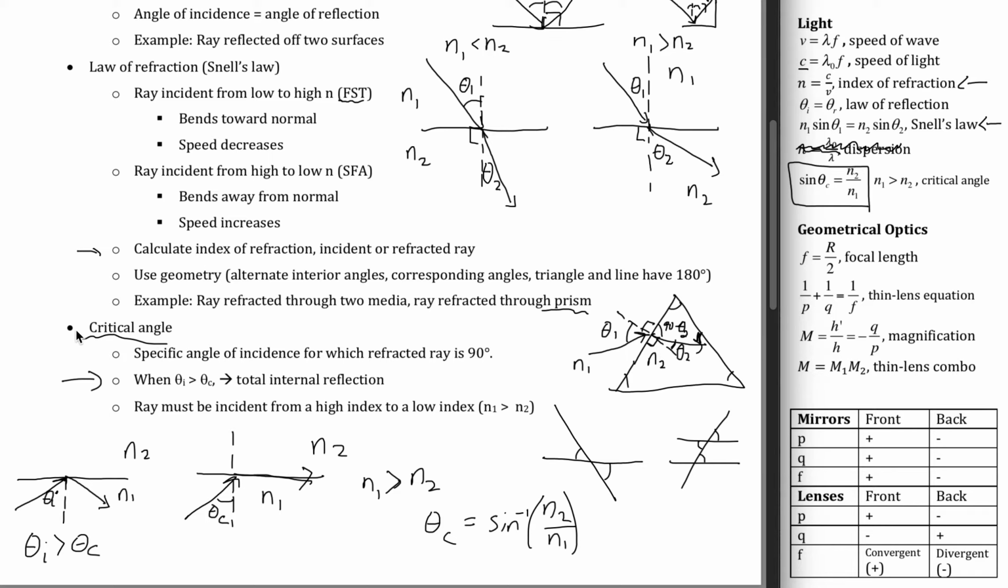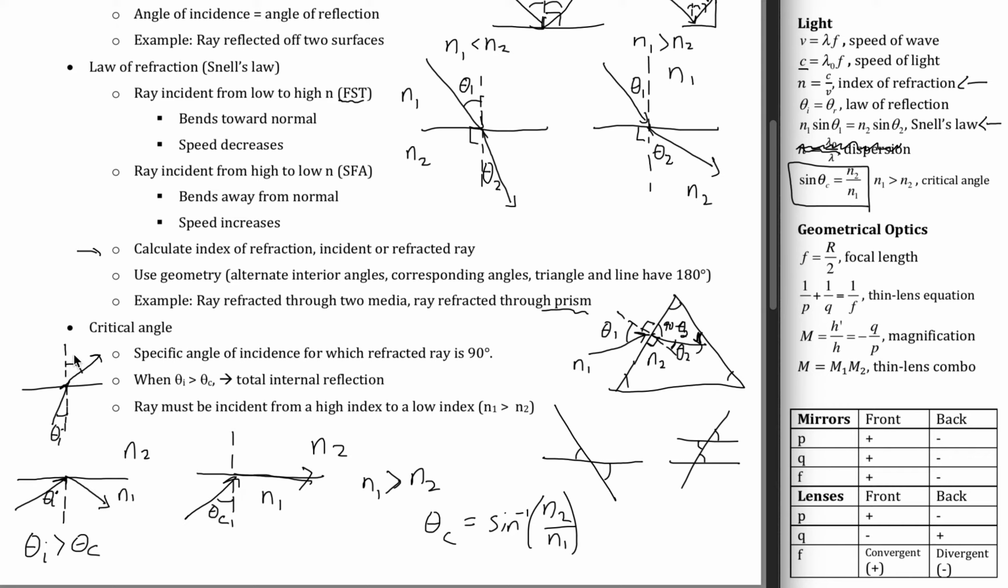If it's not, if theta I is smaller than theta C, so let's say that we have a very small angle of incidence here that happens to be smaller than this critical angle, then that means that the light will actually go through, and actually it's going to go through this way, right? Because it's going from a high index to a low index, so it's going to refract away from the normal. So you should be able to know that it's going to look like this.